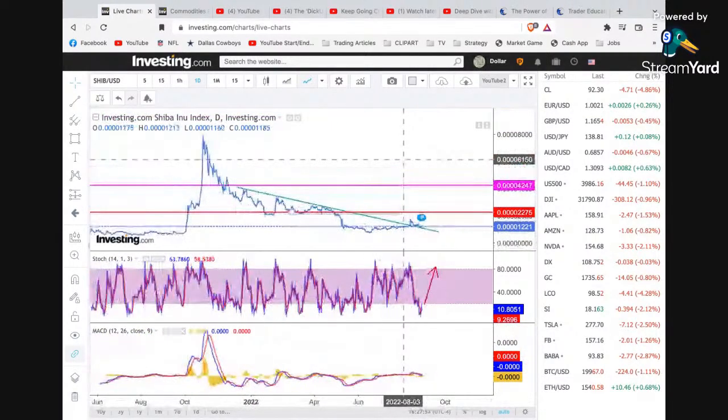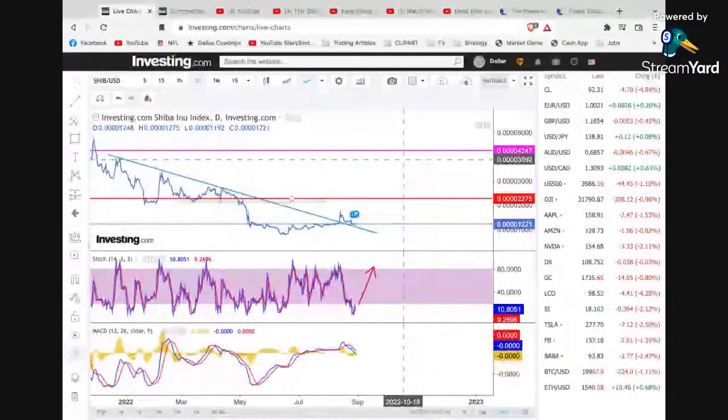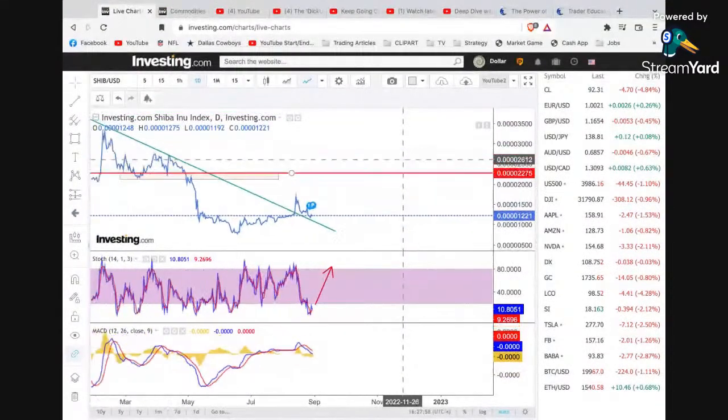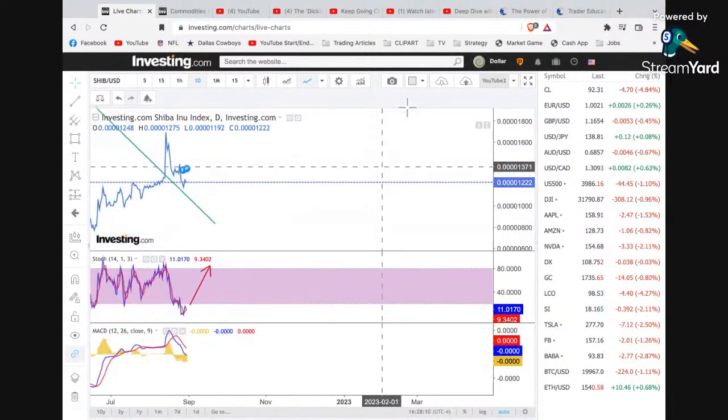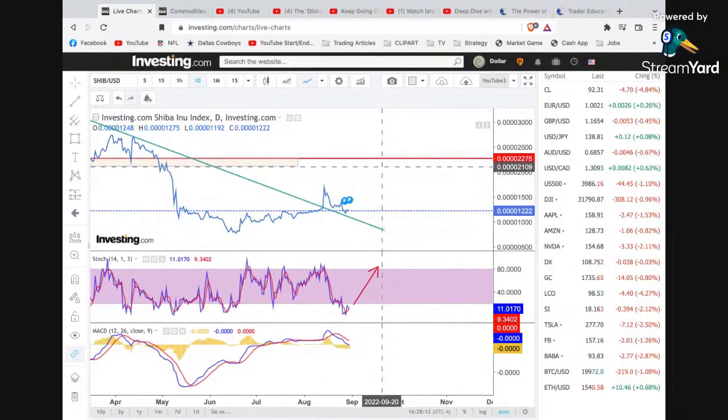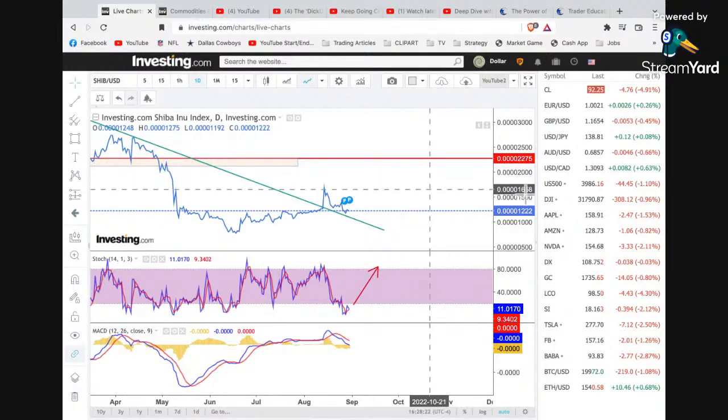Because I think this thing has more to go. But in either case, even if it is going to approach the 50% area, with these highs here and this low here, when we get in that area, the price is likely going to be in need of a pullback anyway.